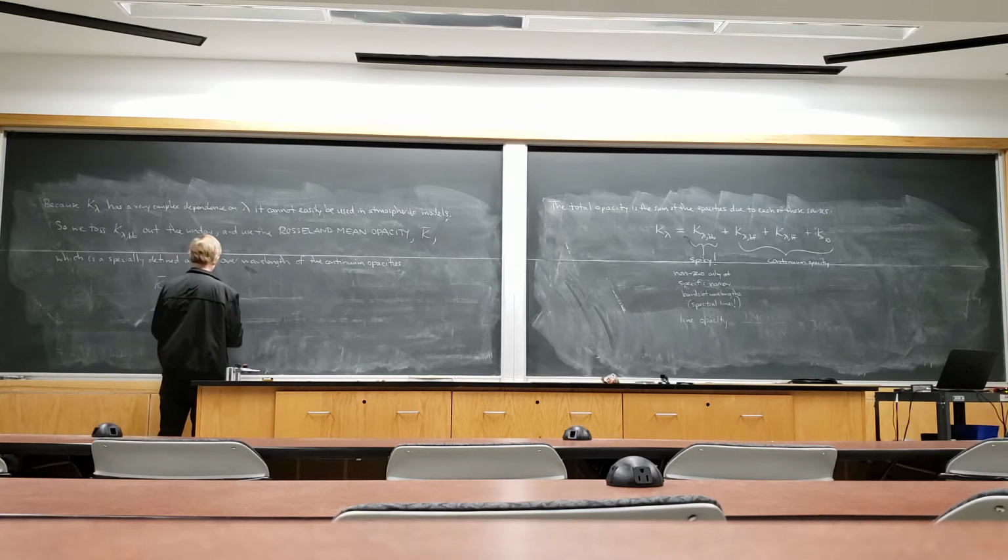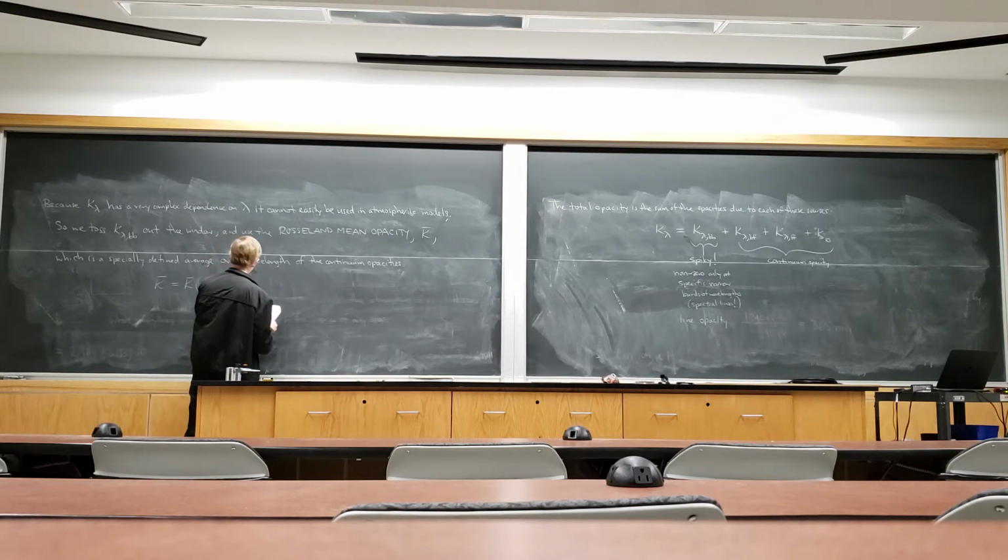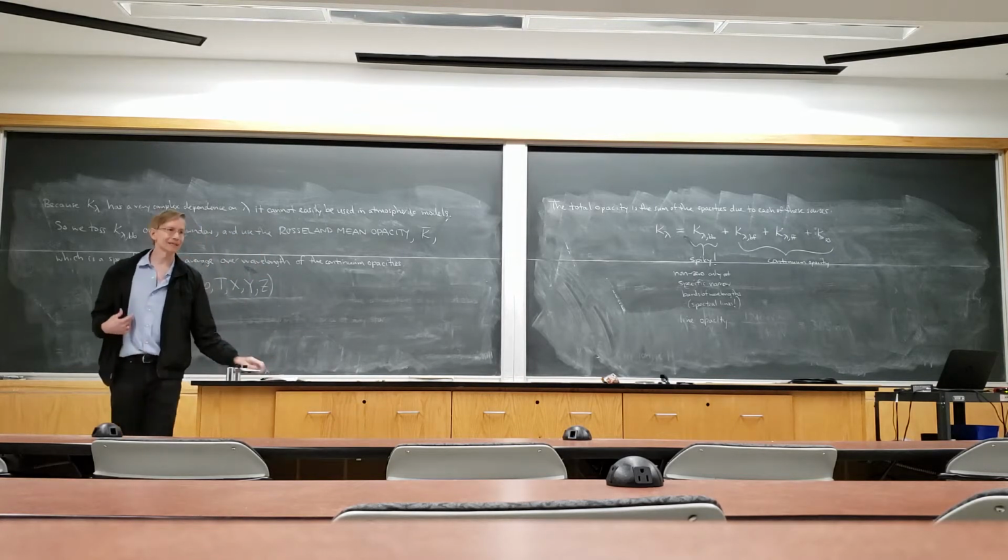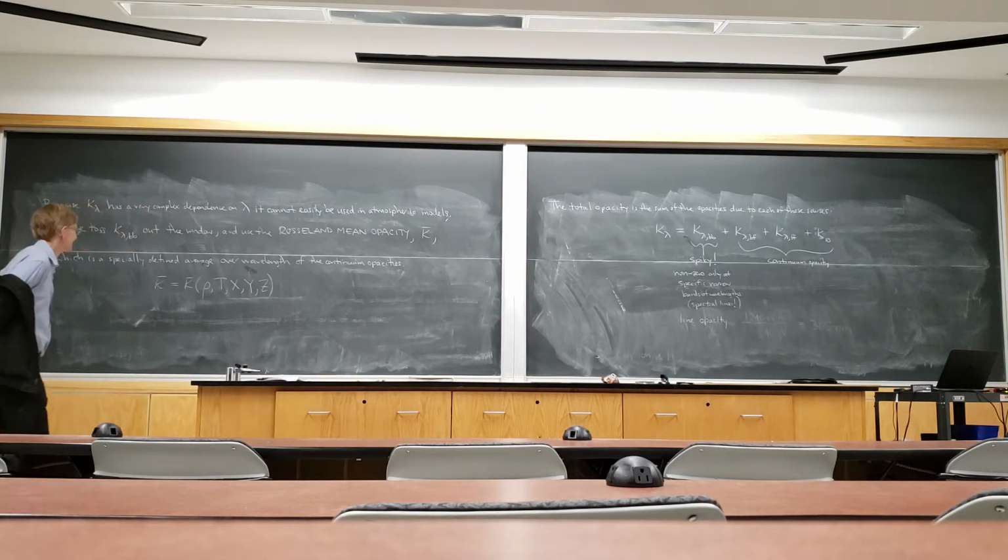So kappa bar is a function of what we call rho, T, X, Y, and Z. Wow, yes, that's a multi-variable thing.